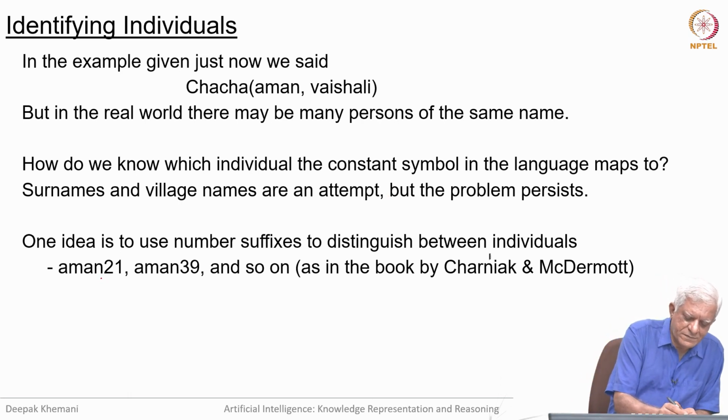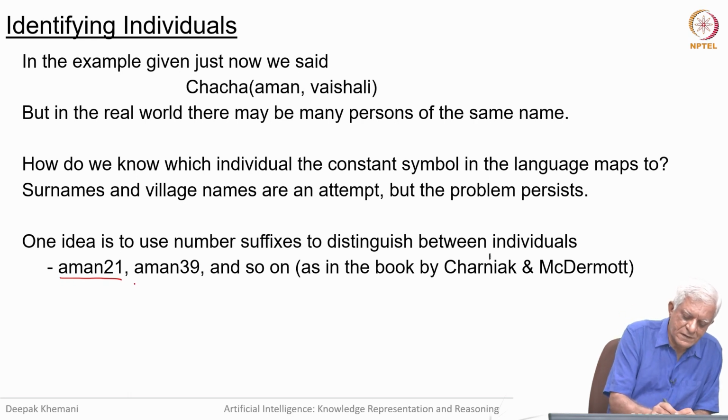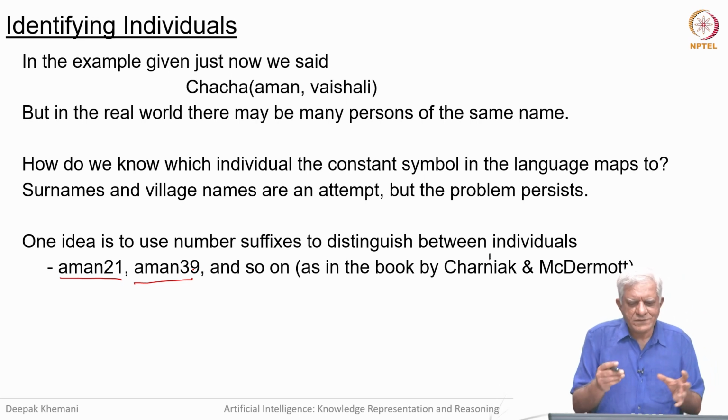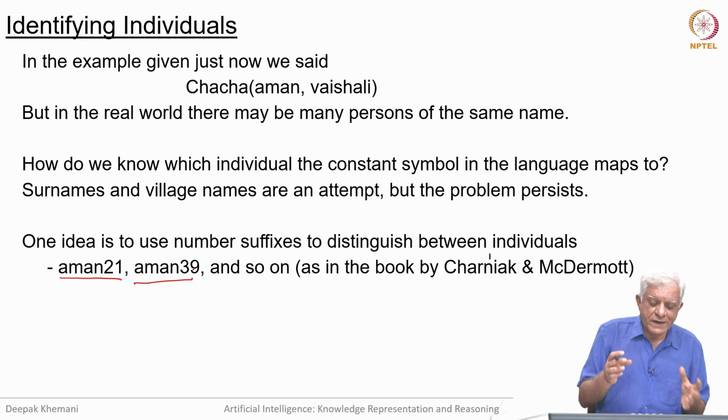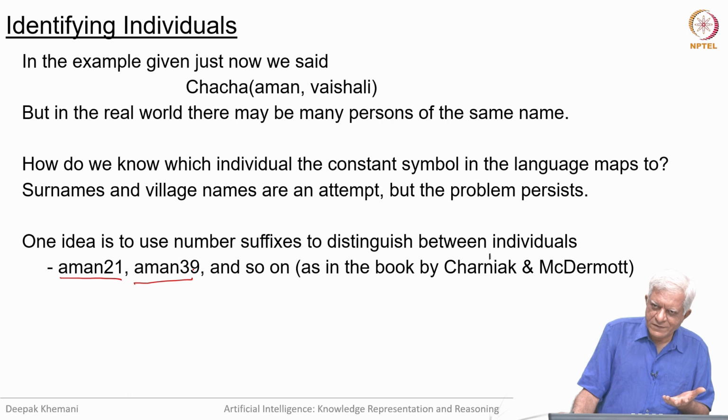So, you might say Aman 21 is one individual, Aman 39 is another individual, and then of course, in the knowledge base you can add the relevant facts. You can say, for example, Aman 21 is the chacha of Vaishali 33 or something like that, and then you know that you are talking about the right people.